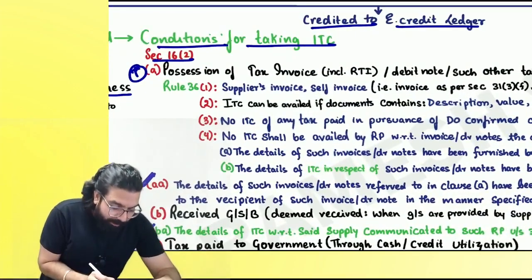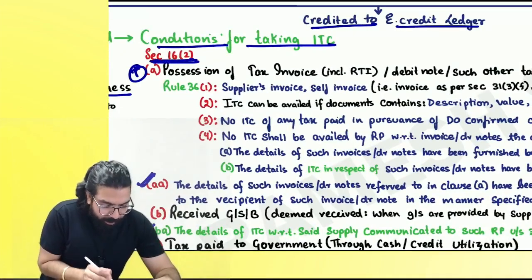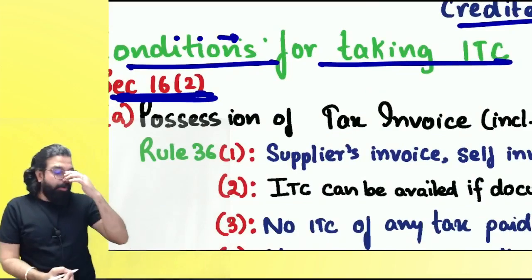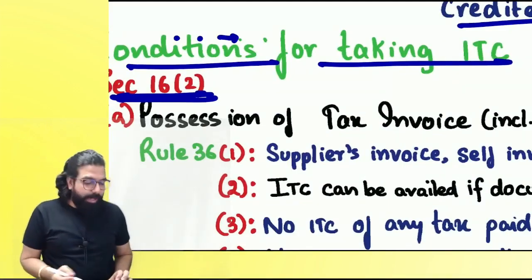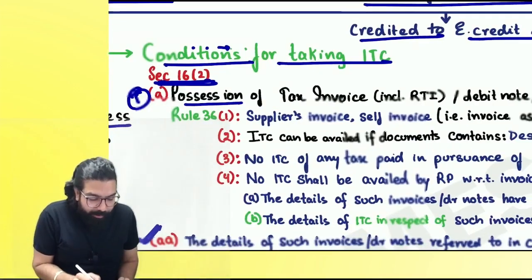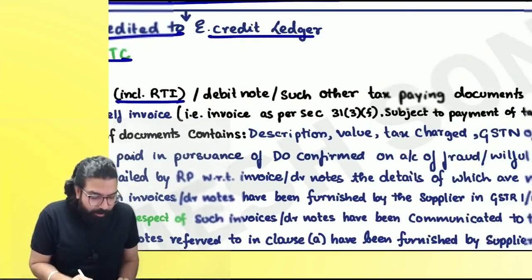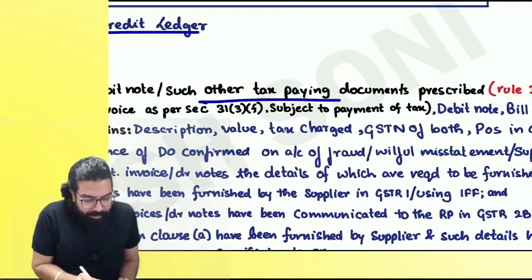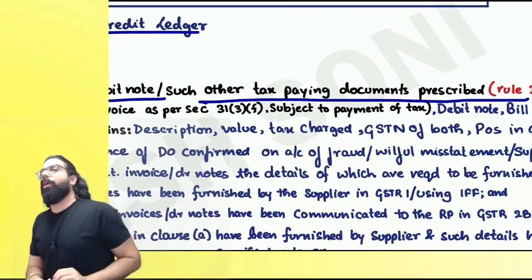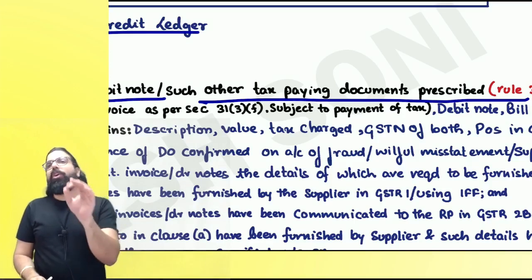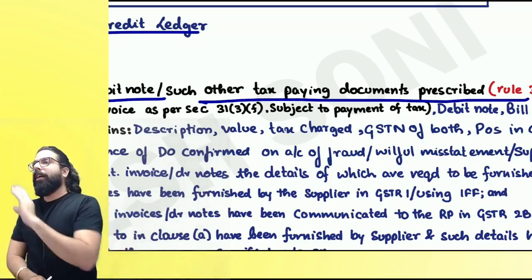Everyone over here, Section 16(2) says you should possess what, everyone? Tax invoice, including revised tax invoice, debit note, and such other tax paying document as may be prescribed in Rule 36. And Rule 36 says the various documents on the basis of which you can take the credit.